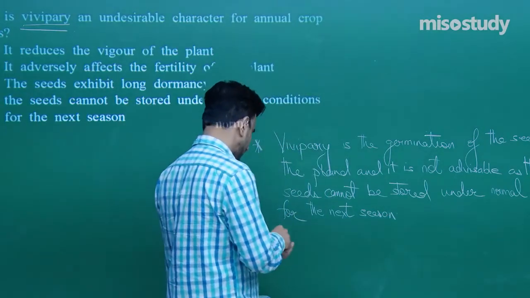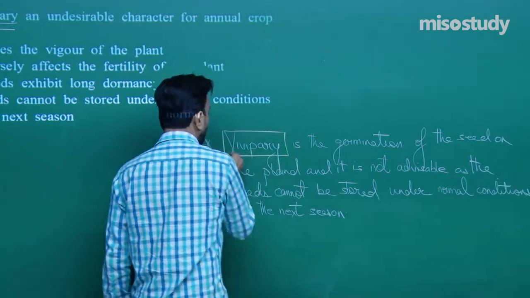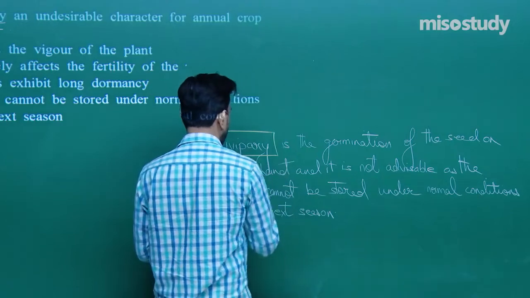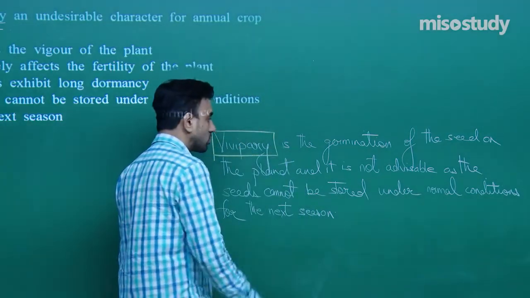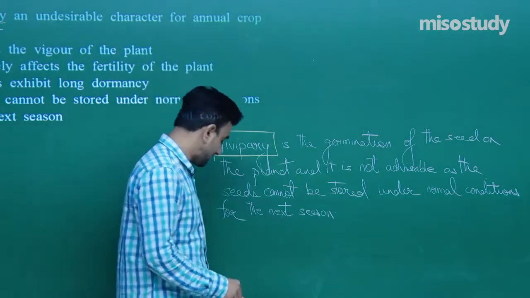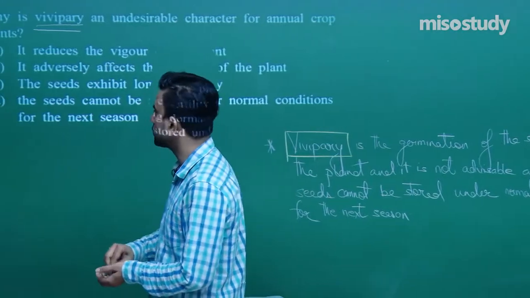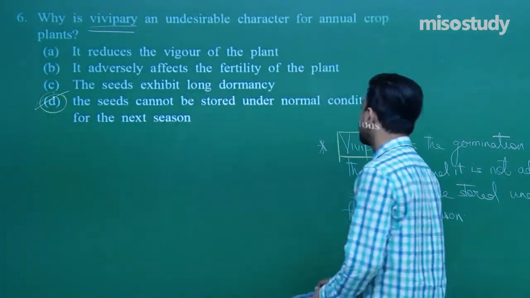Vivipary is the germination of seed on the plant, and it is not advisable as the seeds cannot be stored under normal conditions for the next season. So hence the correct option for this will be D.